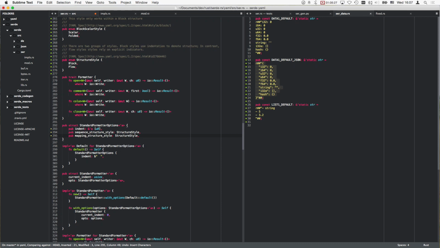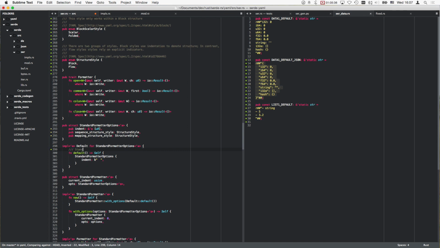And this is how it should be possible to implement this correctly. By default, it shall be block, right? So default is just standard YAML. Standard YAML style, as human readable as possible.